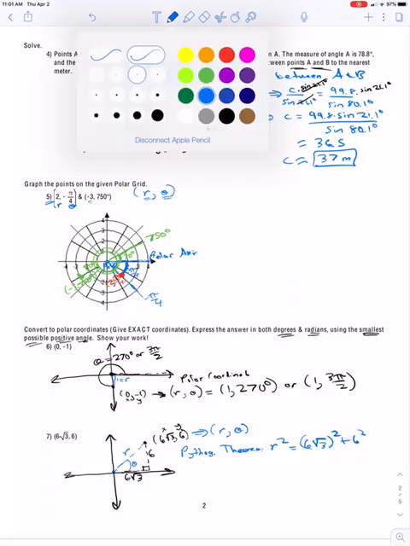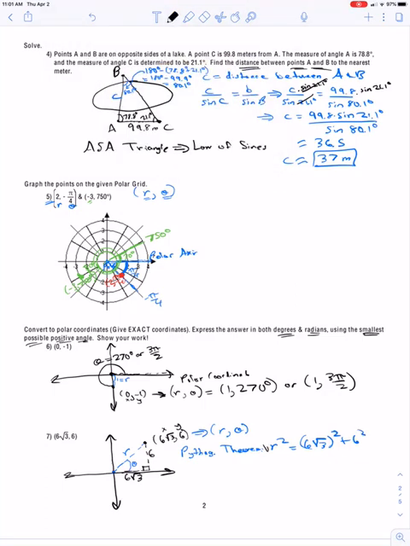We'll take the square root of both sides to get our radius. So r equals the square root of (6√3) squared plus 6 squared.